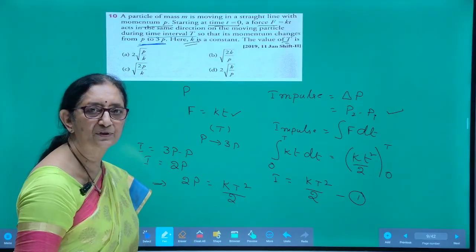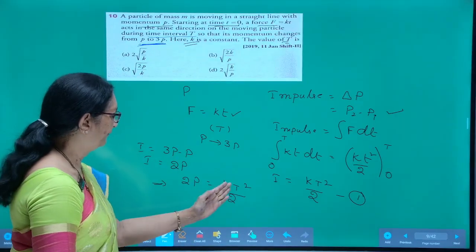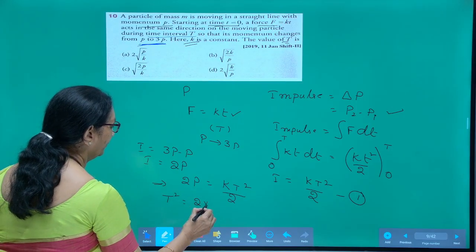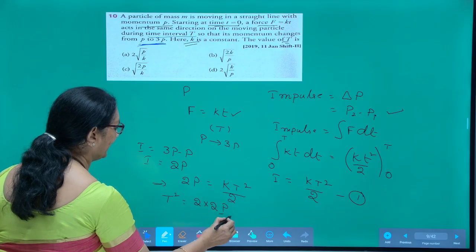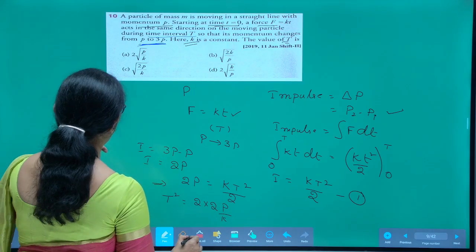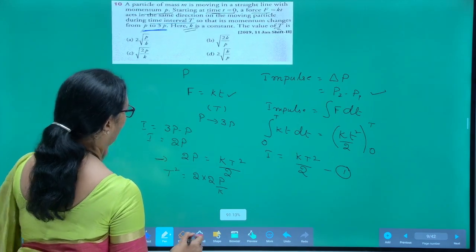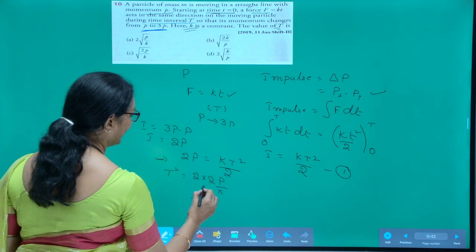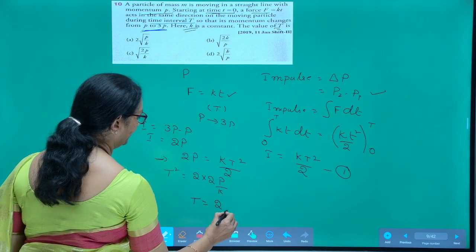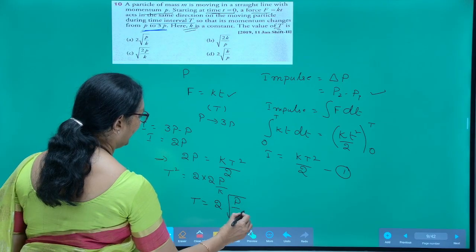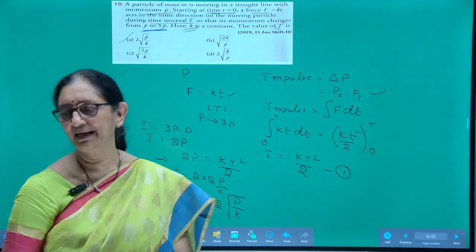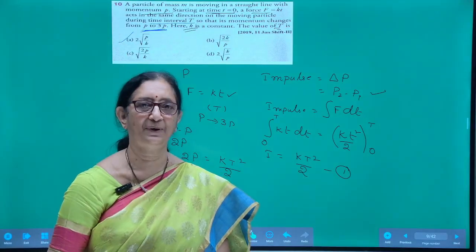You are supposed to find the value of t. From this, t square is equal to 2 into 2 into p by k, which implies t is equal to, if you take the square root, 2 square root of p by k. 2 root p by k is the correct answer for that problem.